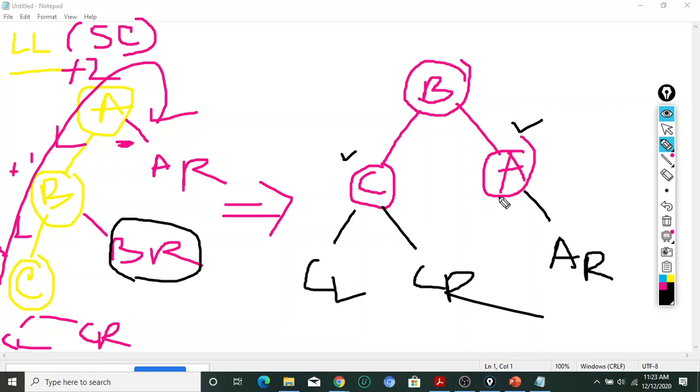This one, because previously, before rotation, it was in the right child. So BR will be the right child of this A, and it becomes the left child of A. Is it understood?